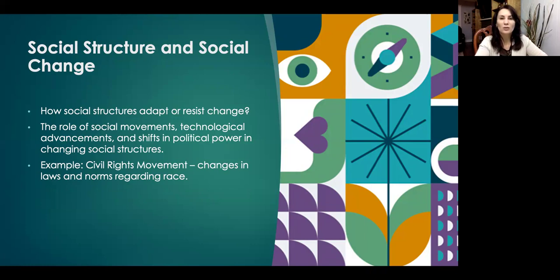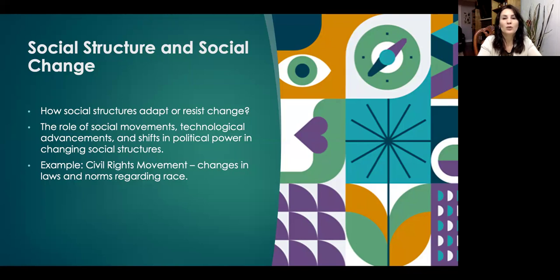So social structures, usually, because we're talking about norms and values, sometimes resist social change. But there are some other elements in society, like conflicts, that will encourage social change.